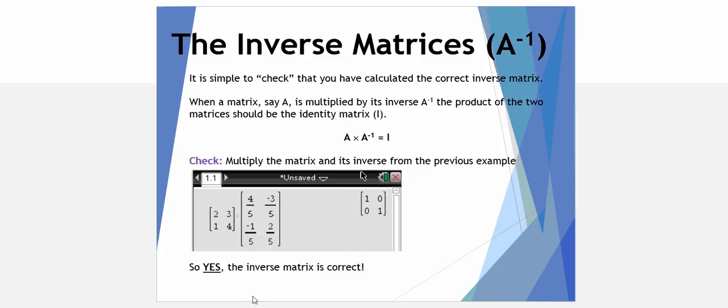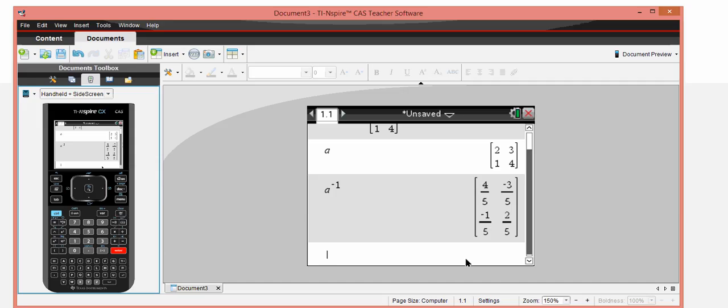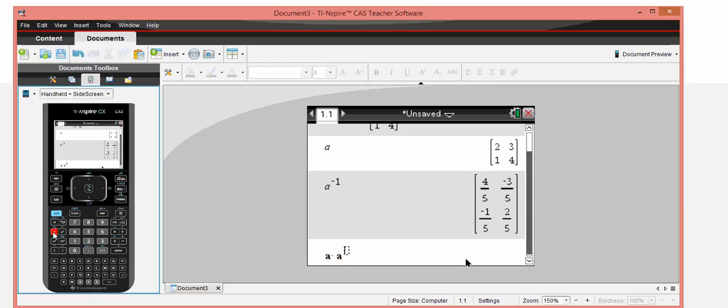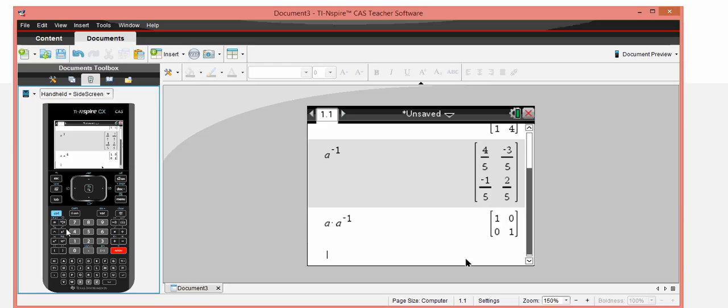Finally, we can always check to see if our inverse matrix is correct, because when you multiply a matrix by its inverse, the product should be the identity matrix. So let's just try this one. We could take A, the predefined matrix, and multiply it by A to the power of -1, which is its inverse, and that gives you an identity matrix, which is great.